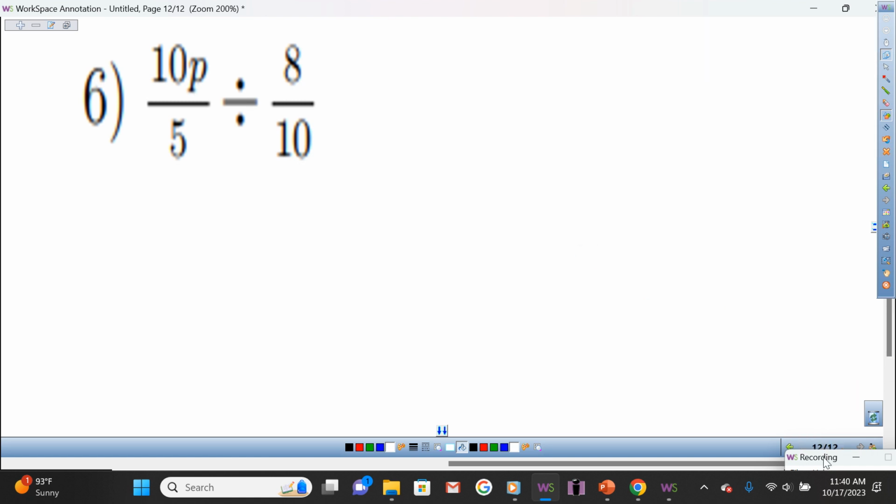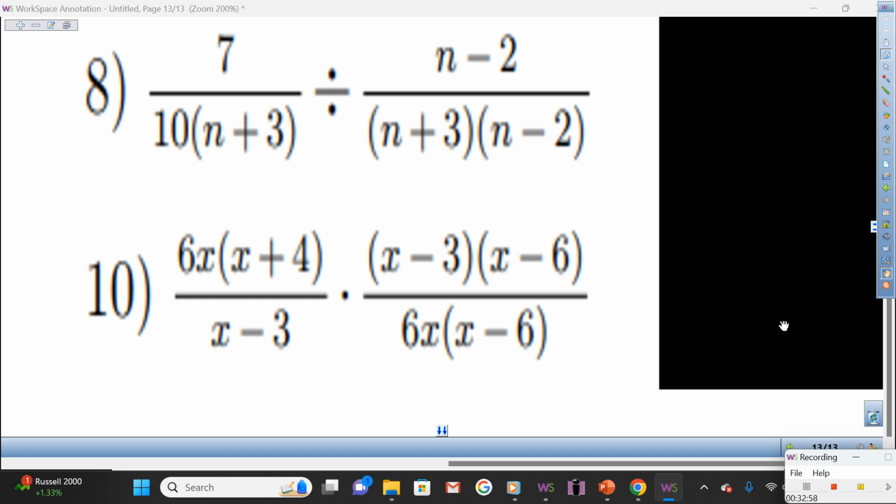Go. All right, number 8. Once again, I'm going to zoom out. Seven over 10 times n plus 3, divided by n minus 2 over n plus 3 times n minus 2.